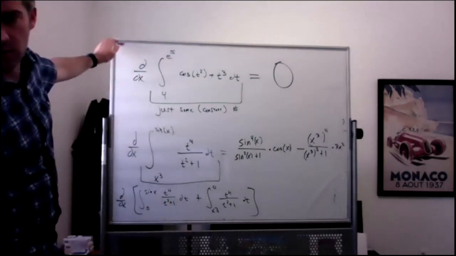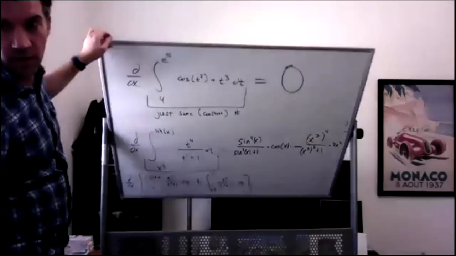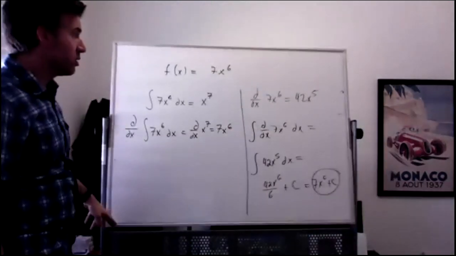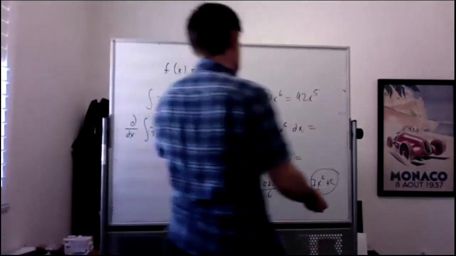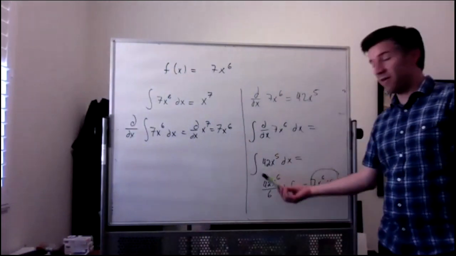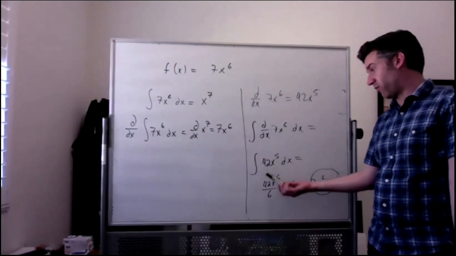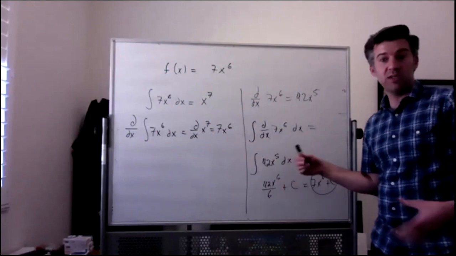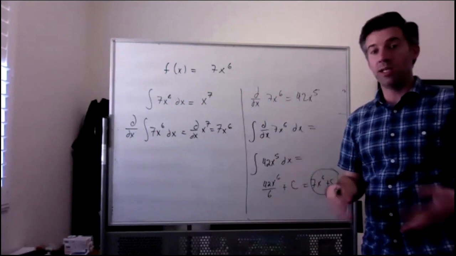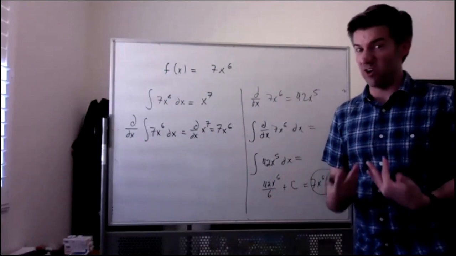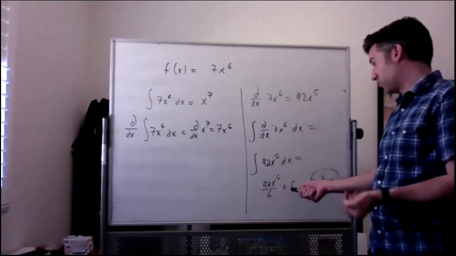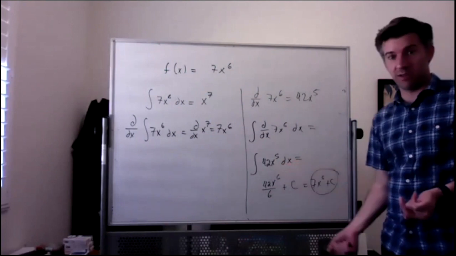Okay, and then back to the other question. The reason there would be a constant is that when you do an indefinite integral, when I ask what's the indefinite integral of 42x to the fifth, the question I'm really asking is, what are the functions whose derivative is equal to 42x to the fifth?